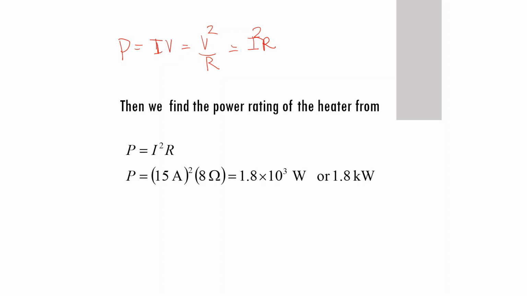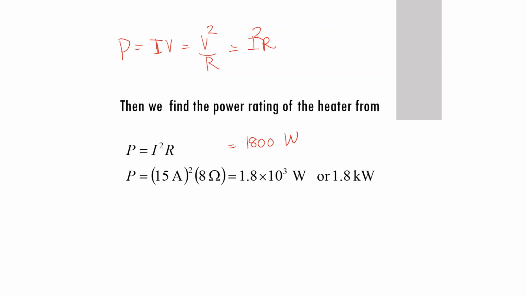In this example, I choose I squared R. We know I is 15 ampere from the previous example. So we get 15 A squared multiplied by R, which is 8 ohm, and I get the answer of 1800 watt.